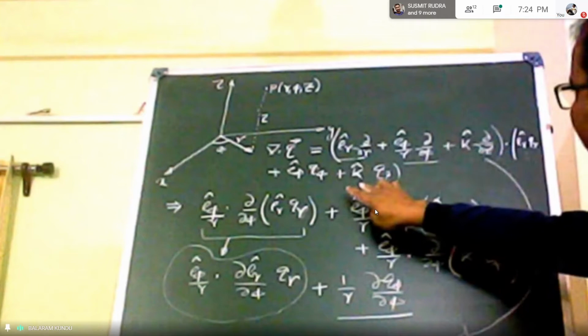And from the second dot product we have two terms: e phi by r dot del e r by del phi into q r, and another term, plus 1 by r del q phi by del phi.